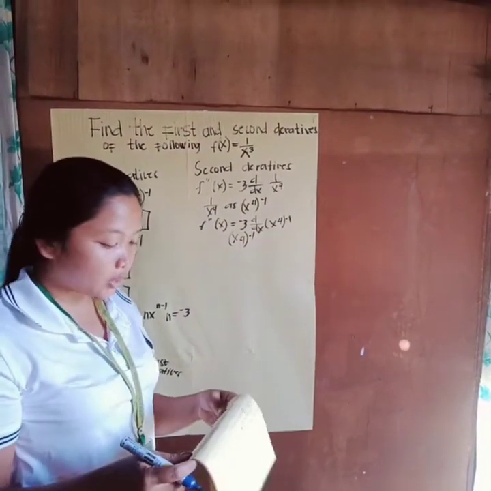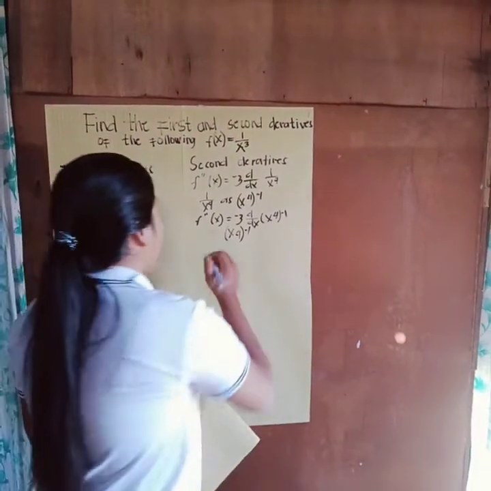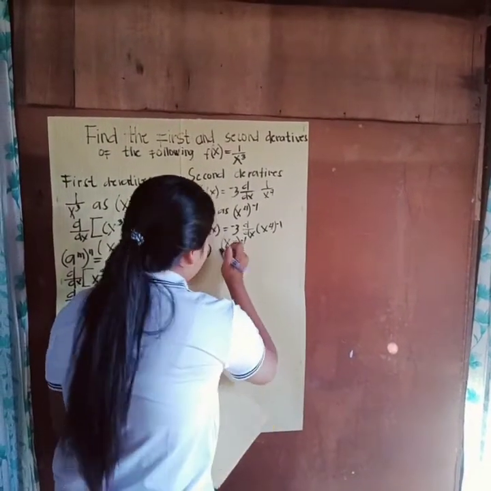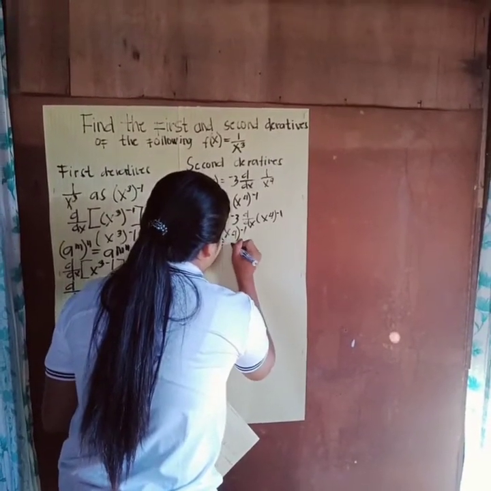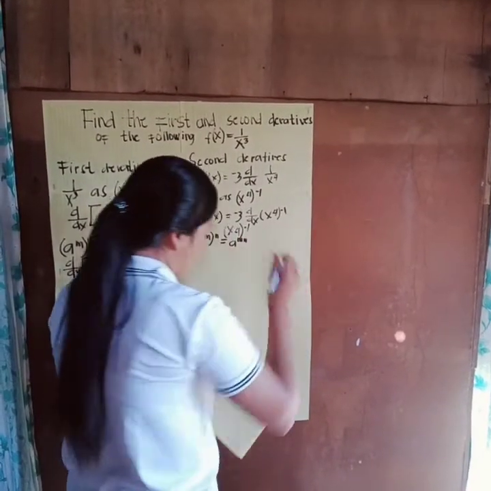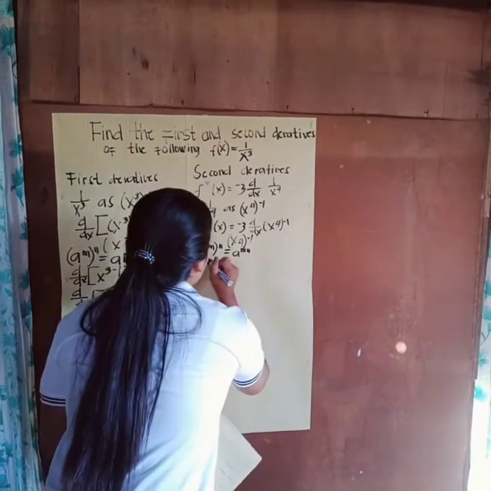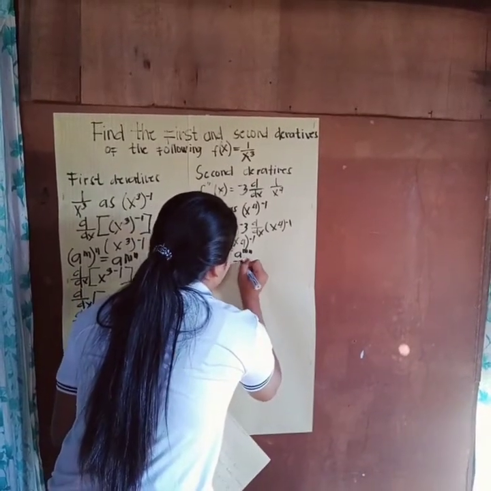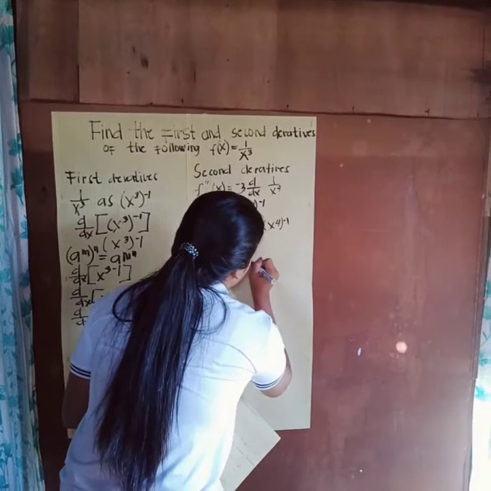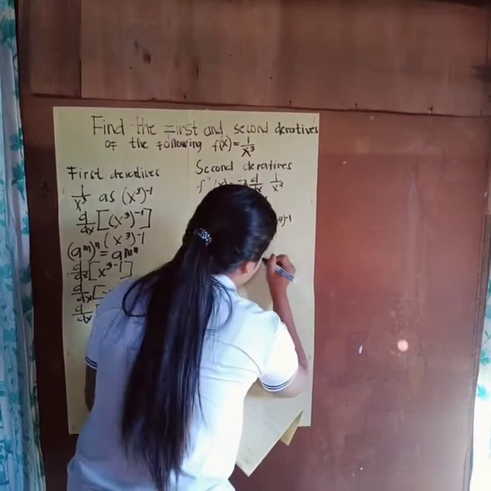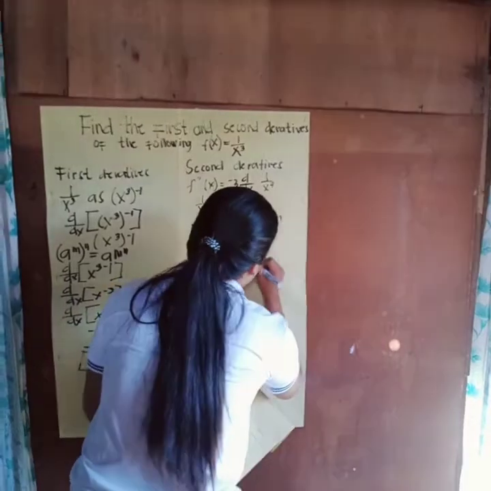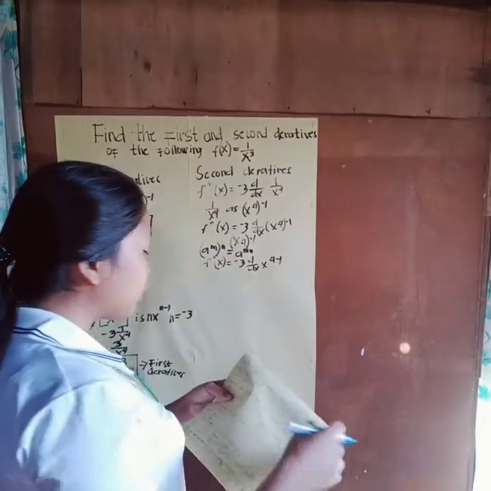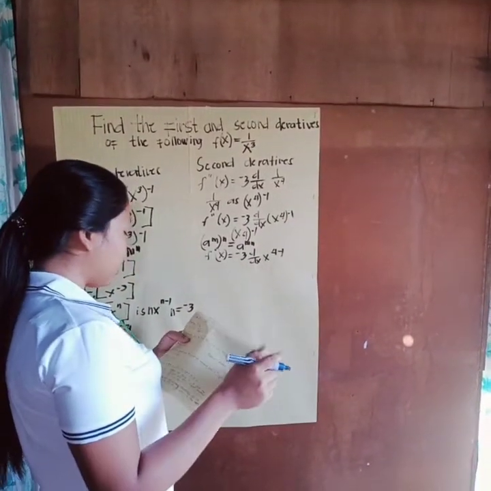Again, apply the power rule and multiply exponents. Then multiply 4 by negative 1.